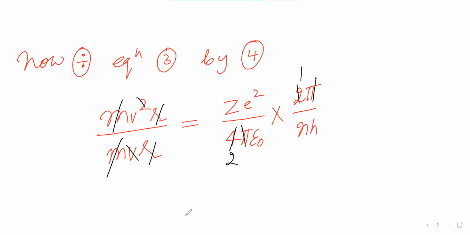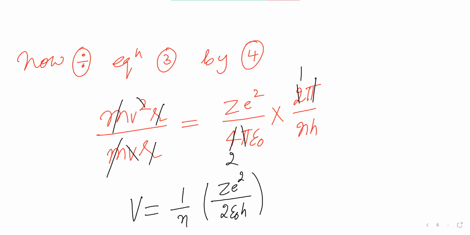Next, we can write v equals 1 by n into Ze square divided by 2 epsilon naught into h. Let us call this the fifth equation.